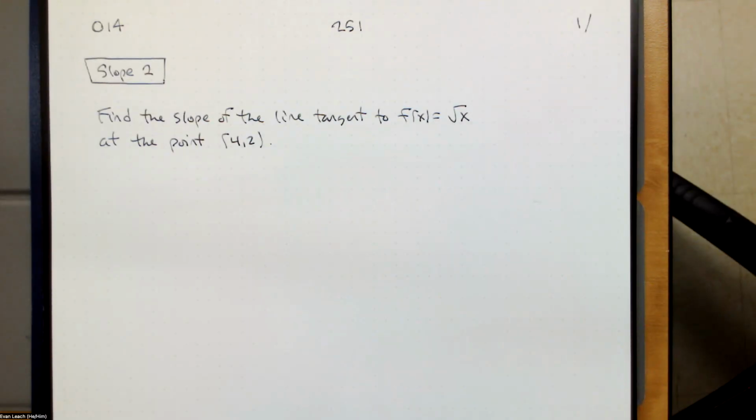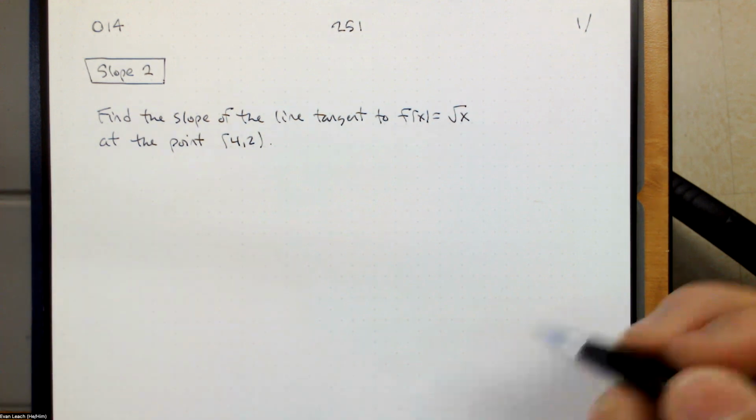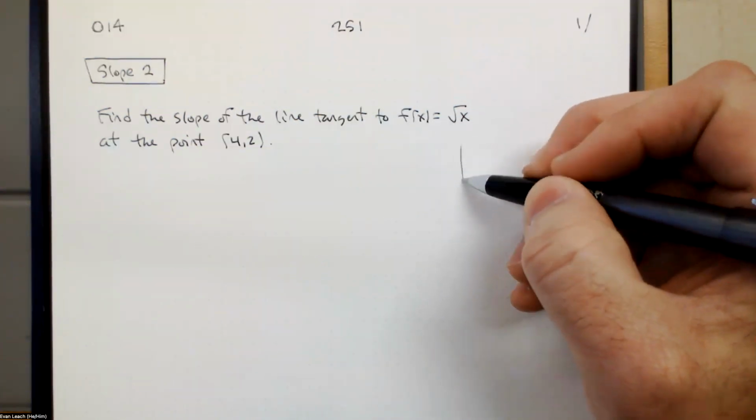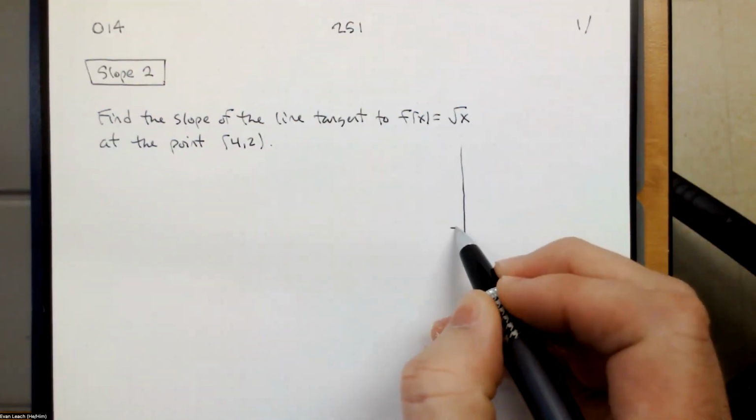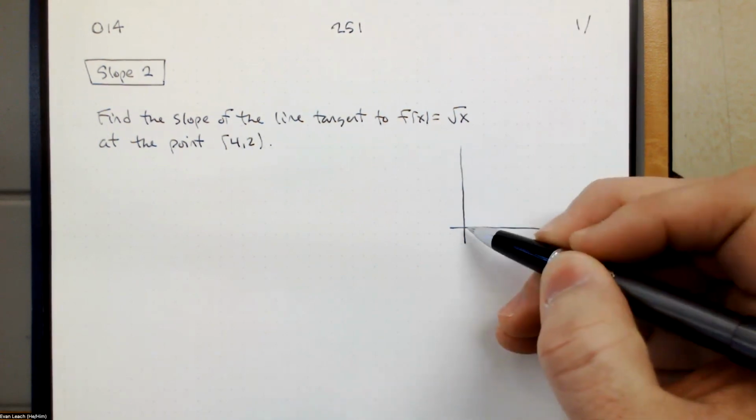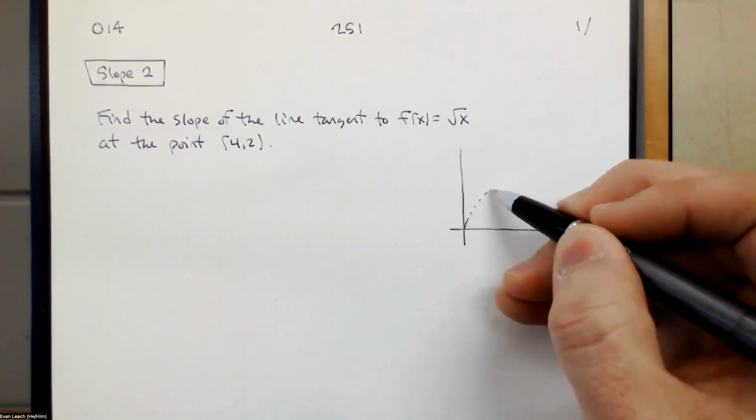Today we want to take a look at the problem that we had yesterday, which is to find the slope of the line tangent to the function f of x equals square root of x at the point (4, 2). (4, 2) is a point on the graph of this function. And this is going to be a parabola.